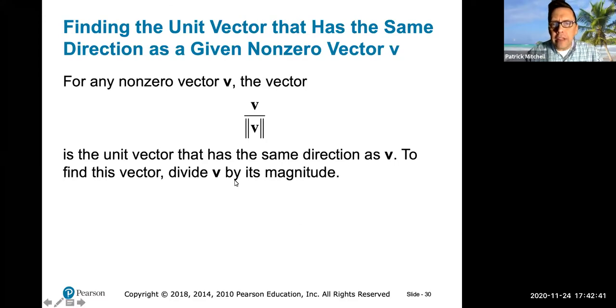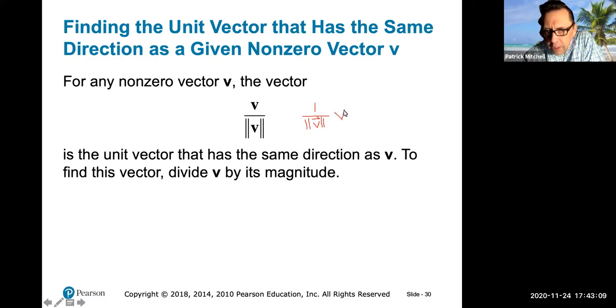Now, technically, we didn't really talk about how to divide vectors by scalars. So what that means really is the scalar 1 divided by the magnitude of v, and because I'm handwriting this, I'm going to put an arrow there, that scalar times the vector v.